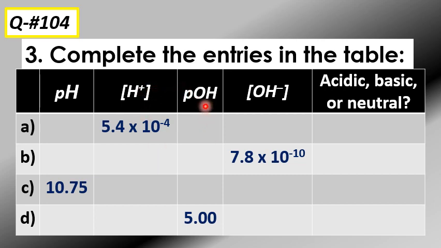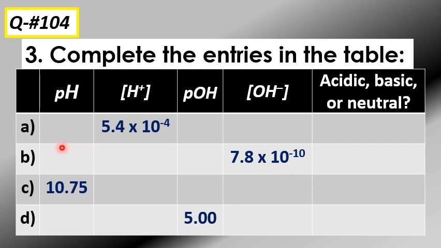In the third column, you have to give the value of the pOH. In the fourth column, you have to also calculate the negative hydroxide ion concentration of the solution. And finally, in the last column, you have to identify if the solution is acidic, basic, or neutral.